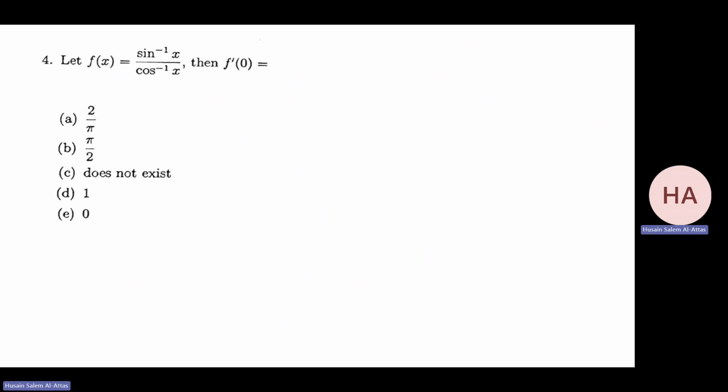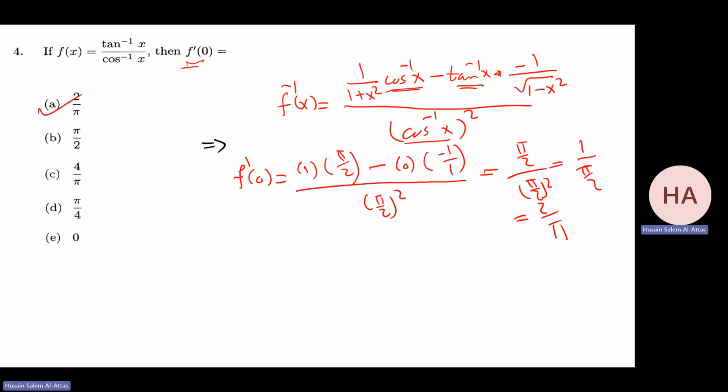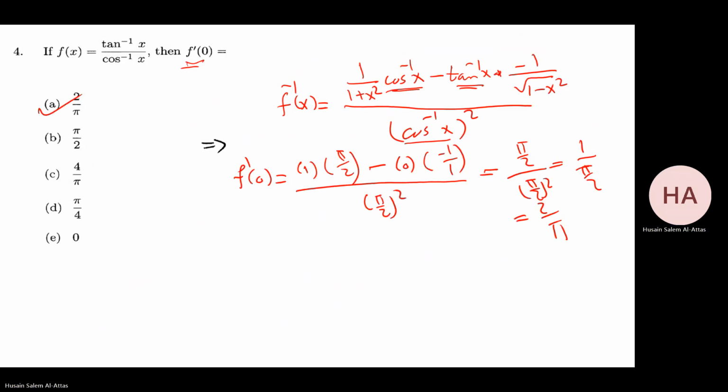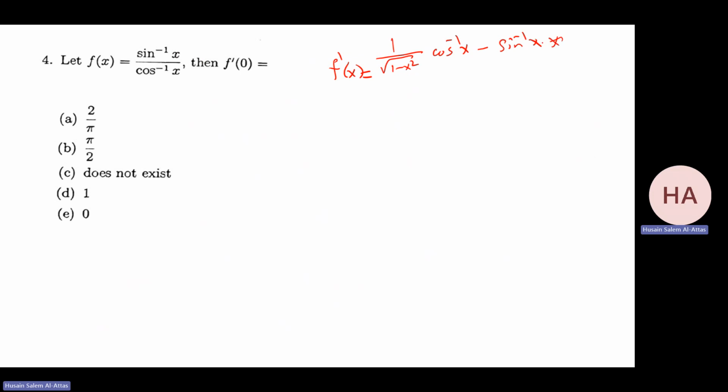f of x equals sine inverse over cosine inverse in this case. Strange, it gives me the same answer. Okay, let us see what f prime of x will be. Derivative of the numerator, which is 1 over square root of 1 minus x squared, times cosine inverse of x, minus sine inverse of x, times the derivative of the denominator, minus 1 over square root of 1 minus x squared, all over cosine inverse of x squared.